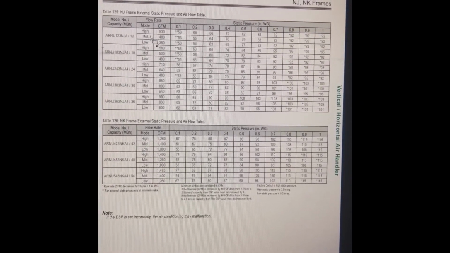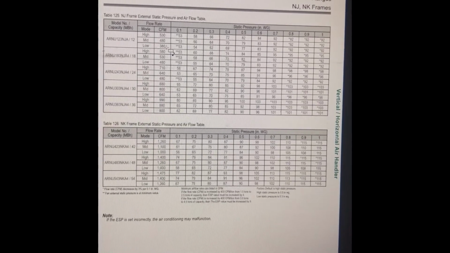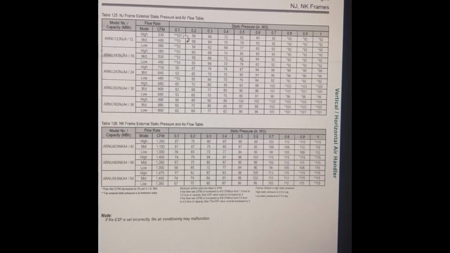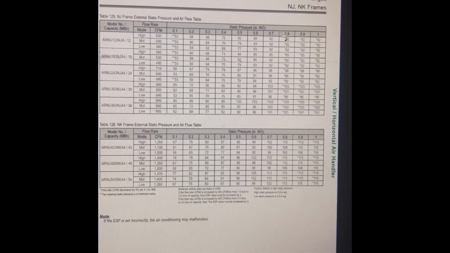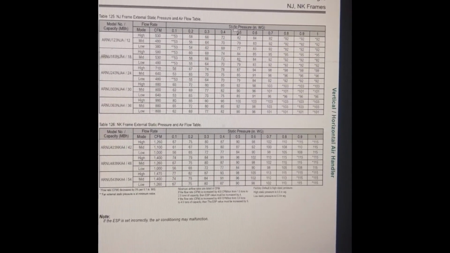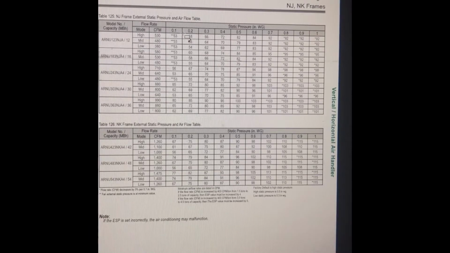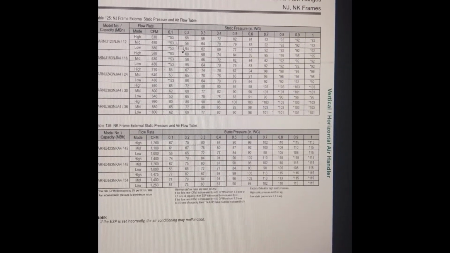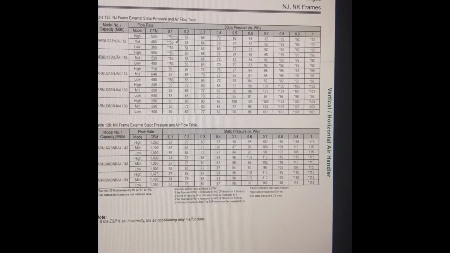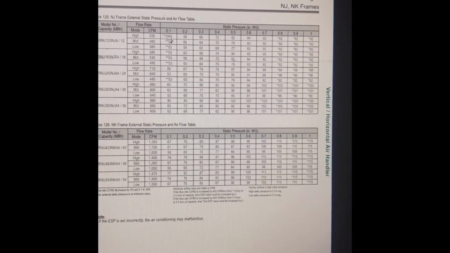We have our high, medium, and low speed CFMs. And then across the top, we can see various static pressure ranges and different numbers showing what the settings are going to be that should match these CFMs at these static pressure ranges.